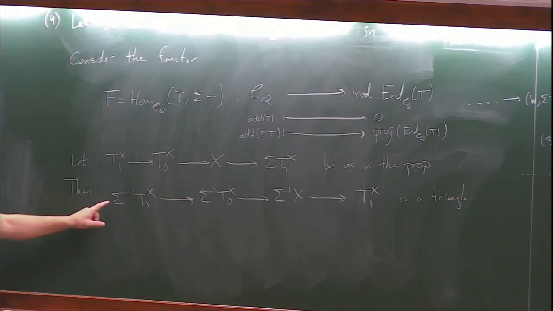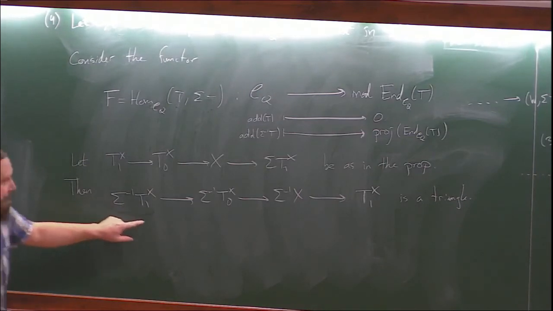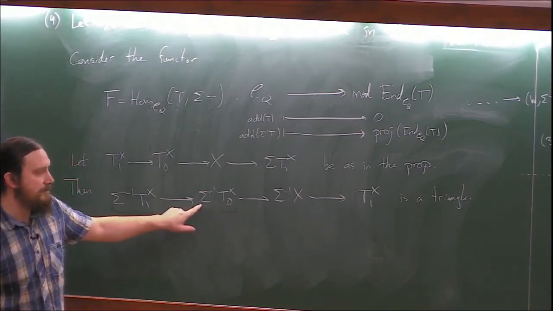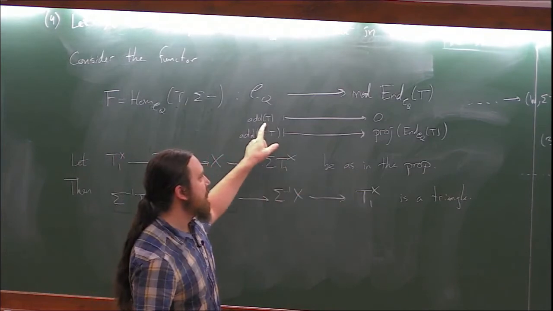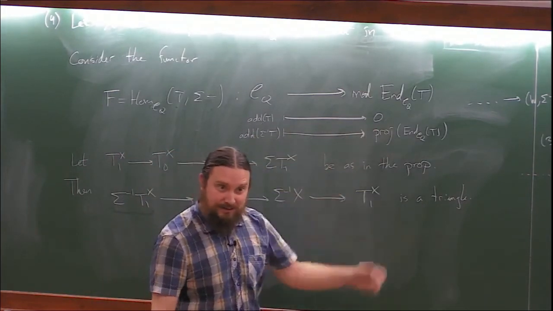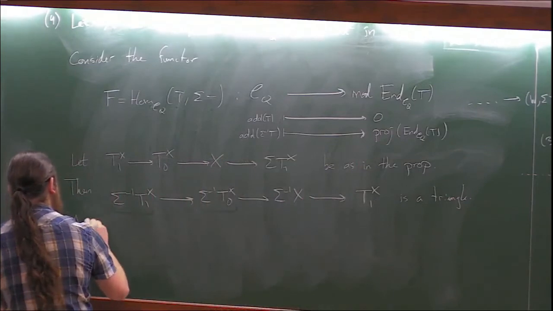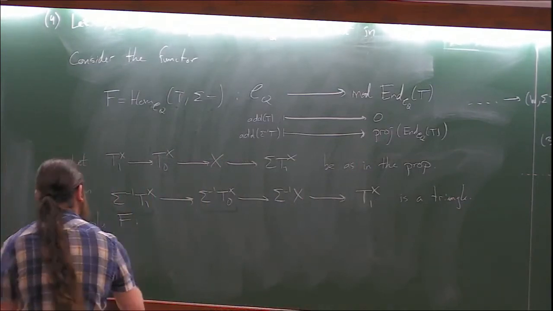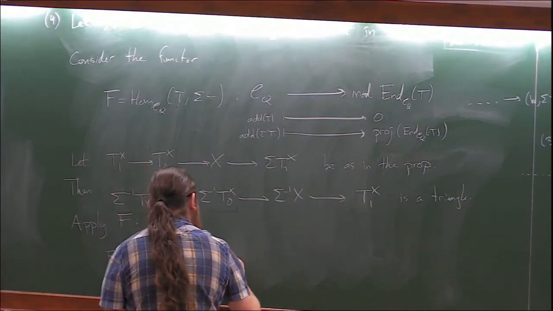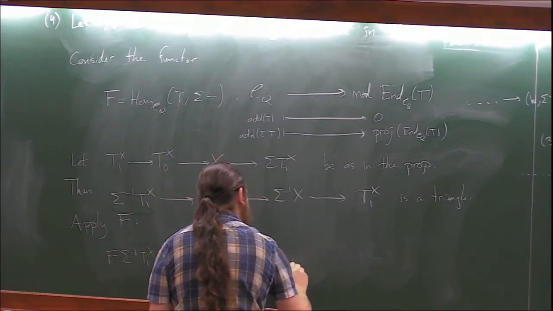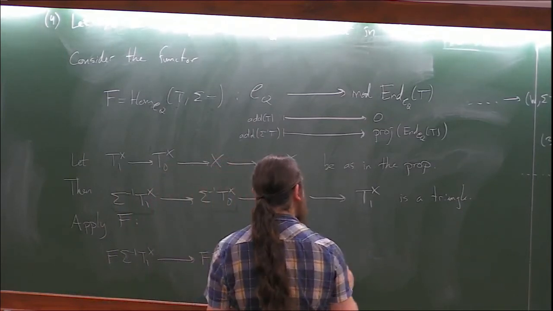Now when I apply F to this triangle, I will get a long exact sequence. And this guy is in add sigma minus 1 of T, so it's going to be sent to a projective module. This guy is going to be sent to a projective module as well. And finally, this guy is in add T, so it's going to be sent to 0. And I have a long exact sequence. So let's apply F. Then I get F of sigma minus 1 of T1 goes into F of sigma inverse of T0 to F of sigma minus 1 of X to 0.